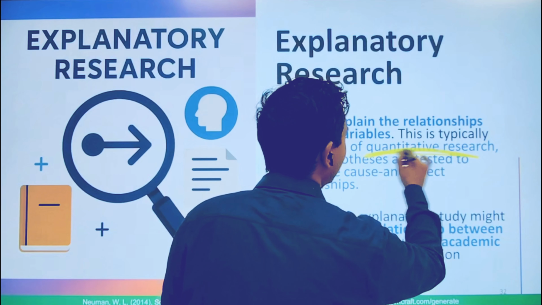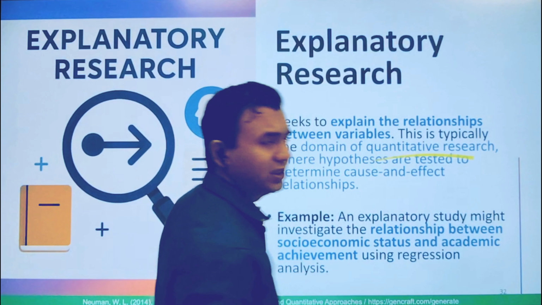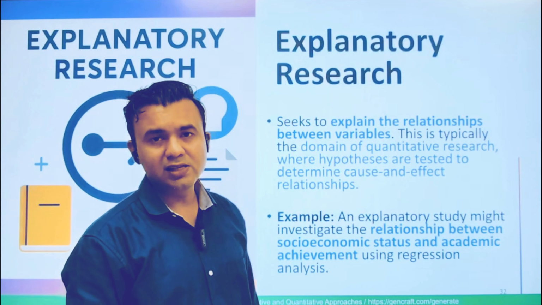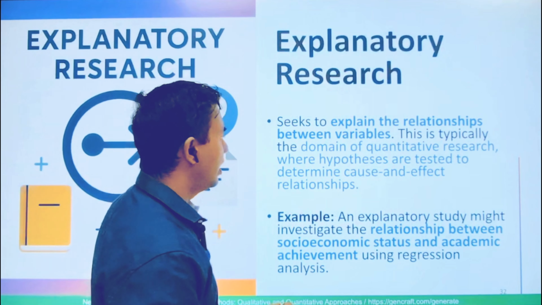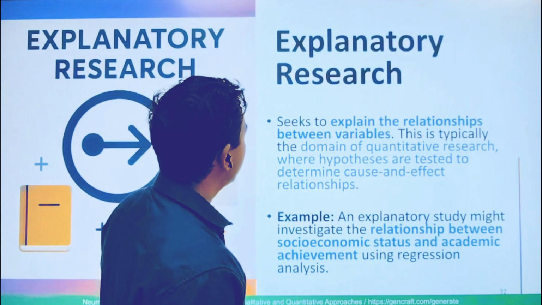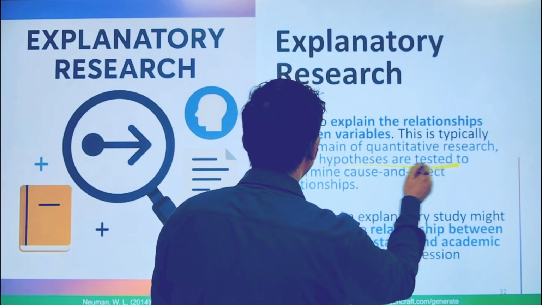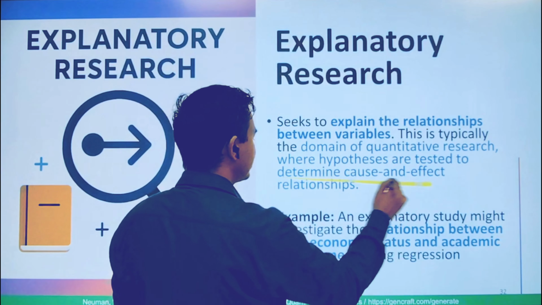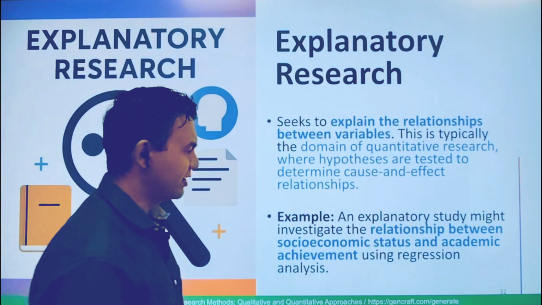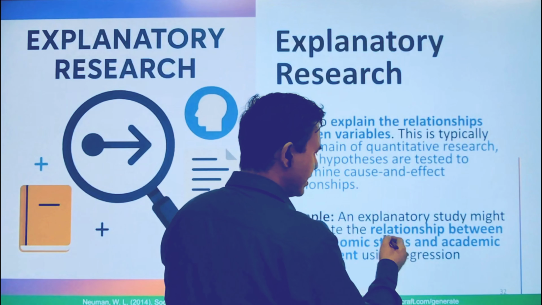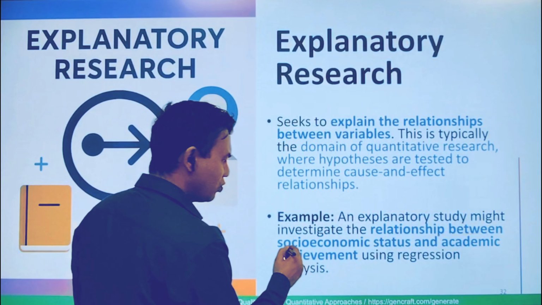We mostly apply quantitative research, and often we try to analyze the numbers and back our arguments with evidence. Arguments would be backed by evidence, and hypotheses are tested to determine the cause and effect relationships.